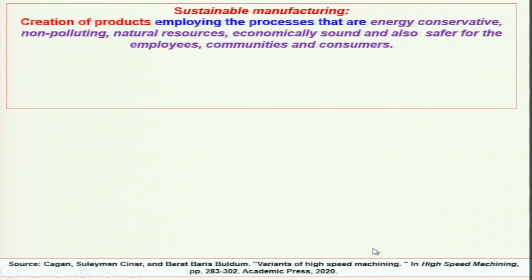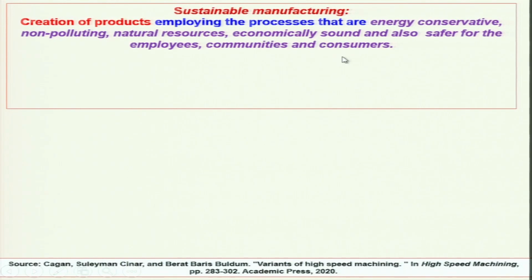Sustainable manufacturing is the creation of products employing processes that are energy conservative, non-polluting, use natural resources, are economically sound, and also safer for the employees, communities and consumers. The last point is also very important, that the sustainable process should be safer for the employees, communities and consumers, all the three partners.